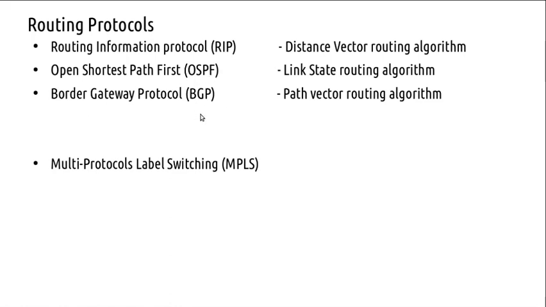Then when we come to Border Gateway Protocol, we see that it will operate at two levels. One which operates at the edge of the autonomous systems, that is what we call exterior border gateway protocol, and another which runs within the autonomous system, which you call interior border gateway protocol. So within the autonomous system, the routers will be running either one of these two protocols, RIP or OSPF, plus an interior border gateway protocol.